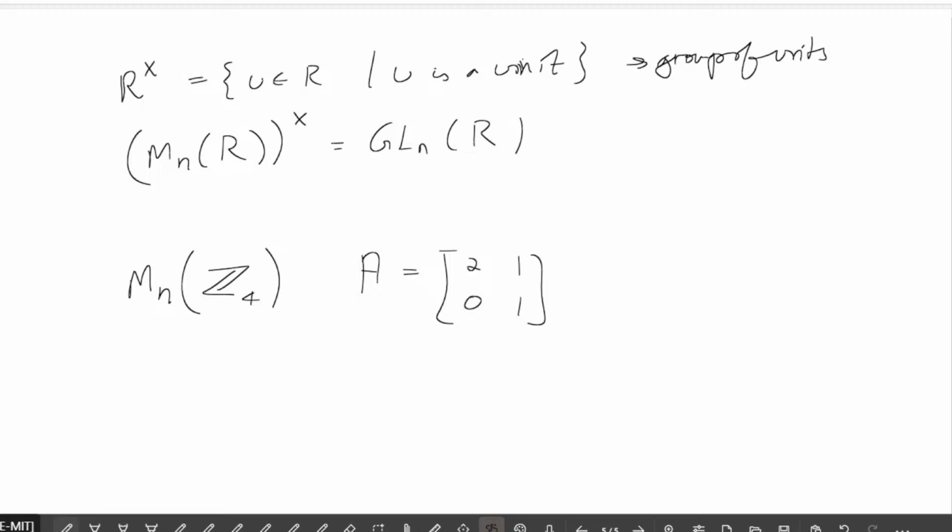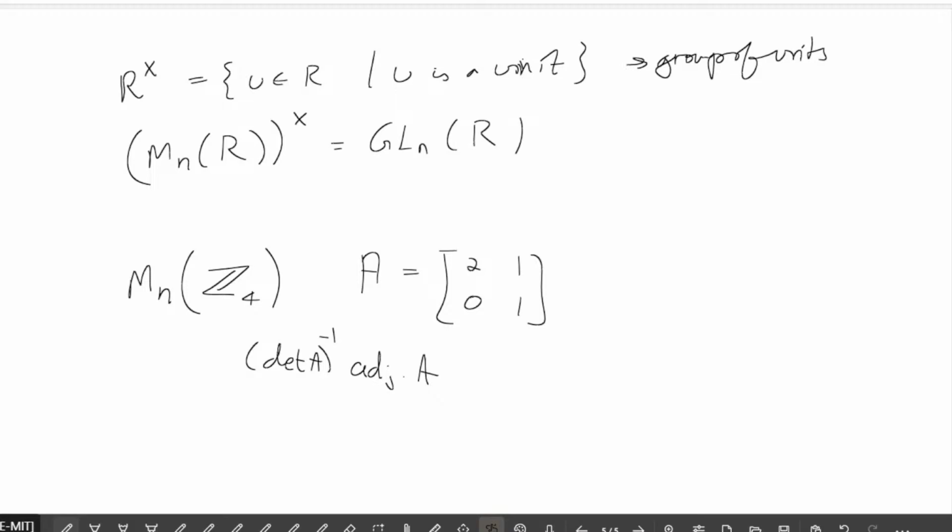What is a simple way of saying it? Once you take the determinant, what should it be? If you want to apply the usual formula, it does work. But what is the formula? The adjugate of A divided by the determinant of A. That means the inverse of the determinant of A times the adjugate of A. For the inverse to exist, the determinant of A should be a unit. That's it. You take all the matrices whose determinants are units.